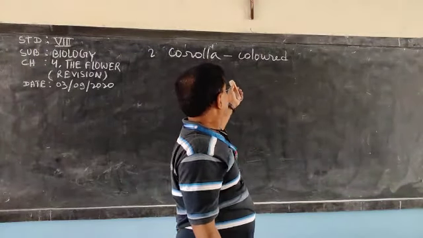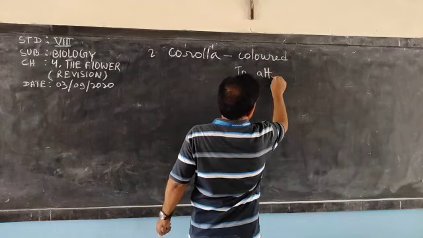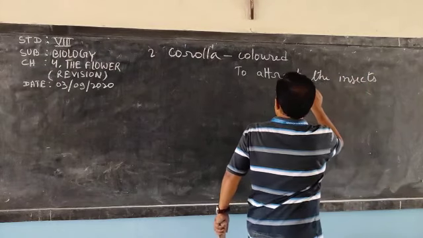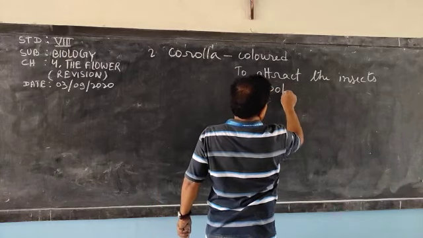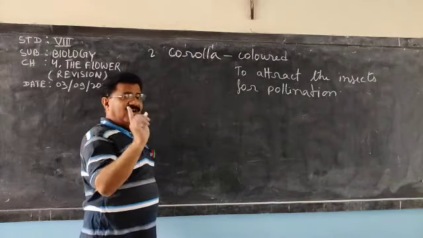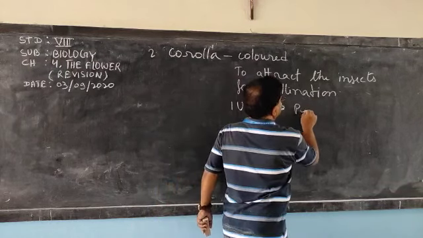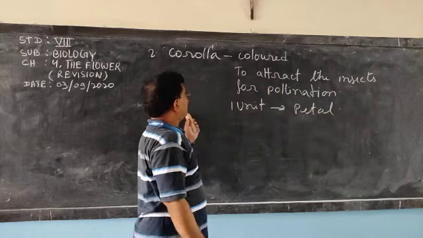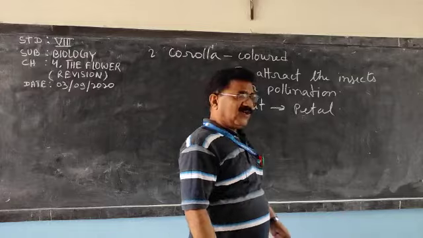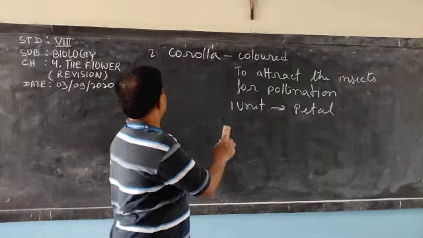Colored ones can't be seen. So corolla is the colored part, its function is to attract the insects for pollination, and one unit of corolla is called petal. Coming to the third whorl.